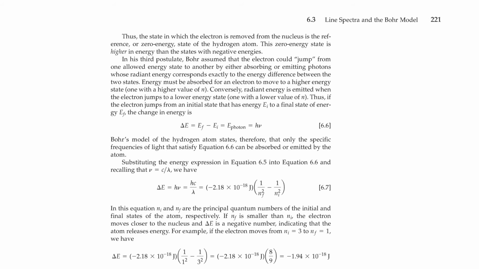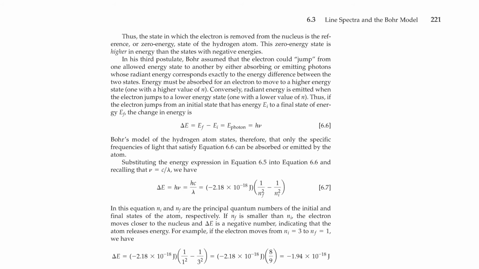In his third postulate, Bohr assumed that the electron could jump from one allowed energy state to another by either absorbing or emitting photons whose radiant energies corresponded exactly to the energy difference between the two states. Energy must be absorbed for an electron to move to a higher energy state, one with a higher value of n. Conversely, radiant energy is emitted when the electron jumps to a lower energy state, one with a lower value of n.